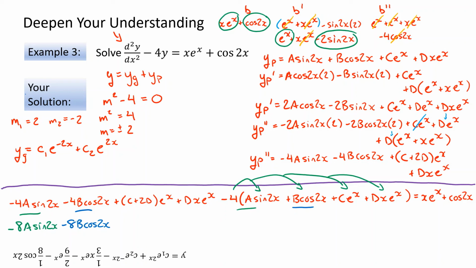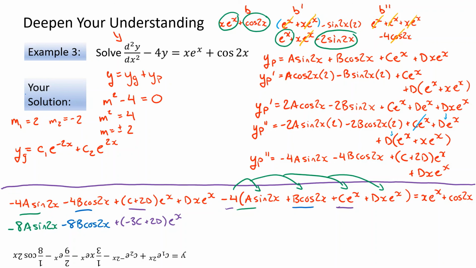Switching to, let's do purple. For the e to the x terms, we have a c plus 2d here, and we have a negative 4 times c here. So we're left with c minus 4c. Okay, again, c times e to the x distributing in this negative 4, and a c plus 2d. So c minus 4c, we'll do plus negative 3c plus 2d times e to the x.